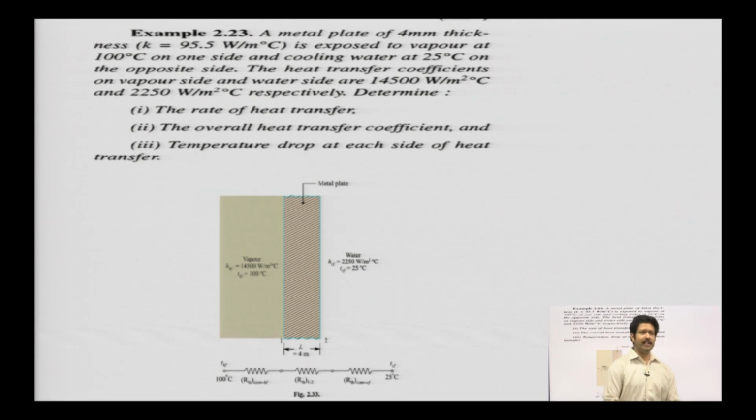The heat transfer coefficients on the vapor side and water side are 14,500 watts per meter square degree Celsius and 2,250 watts per meter square degree Celsius respectively. Determine the rate of heat transfer, second, the overall heat transfer coefficient, and third, the temperature drop at each side of the heat transfer.